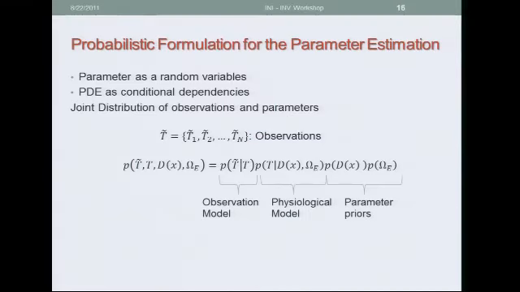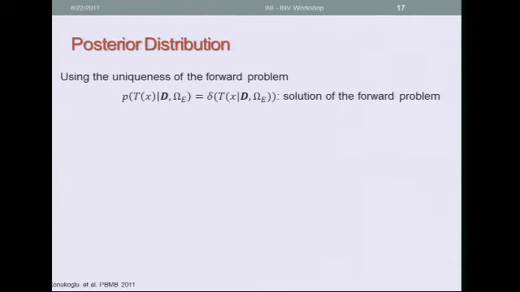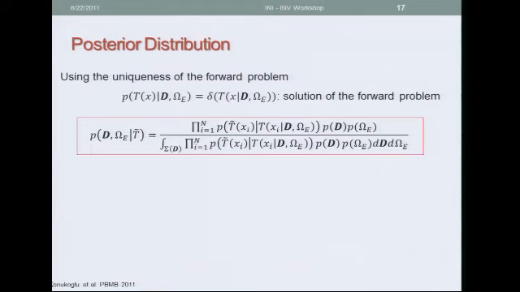And then the physiological model, or the PDE, comes into play right here, where for a certain set of parameters, we have the possible outcomes of the model itself. Using similar tricks, assuming independence between the observation points, we can simplify this equation further. And assuming that once the set of parameters and the boundary conditions are given, the Eikonal-Diffusion models will have a unique solution, we can write down the posterior distribution simply like this.